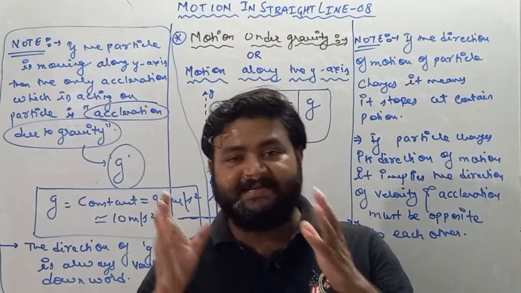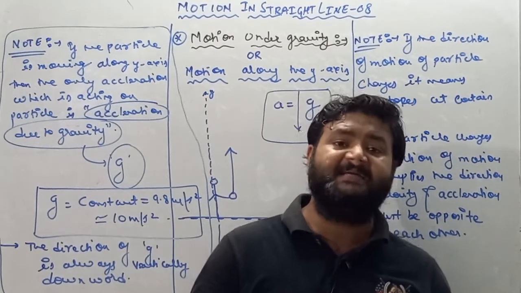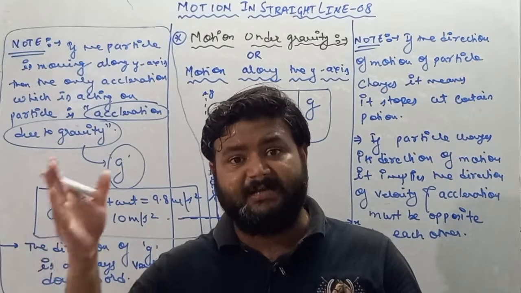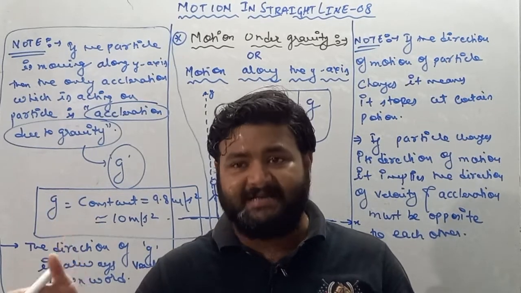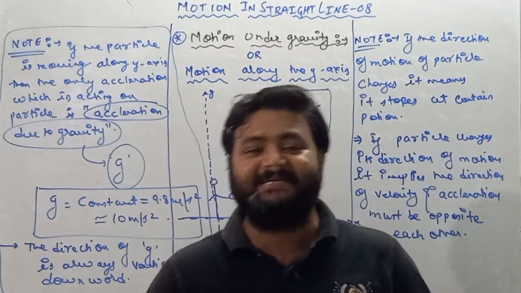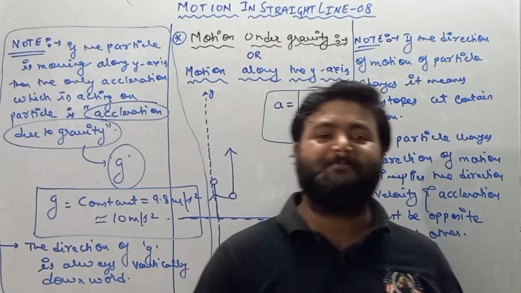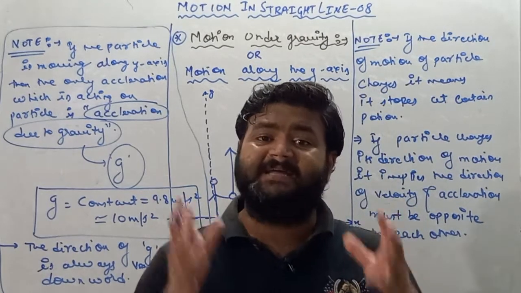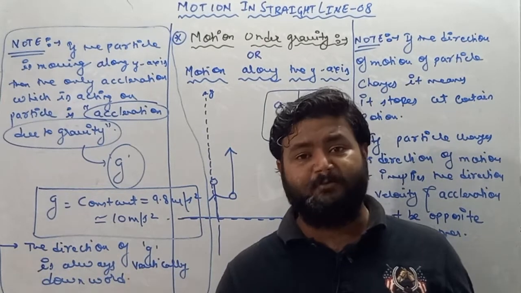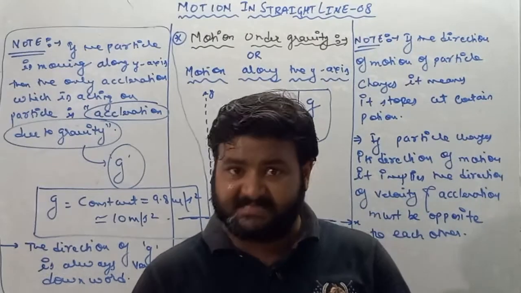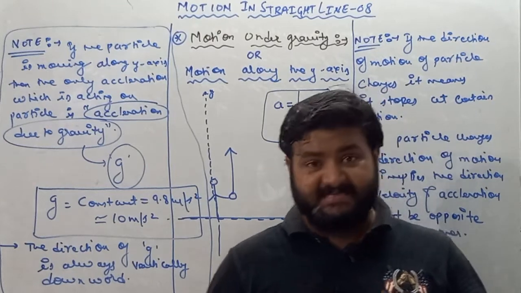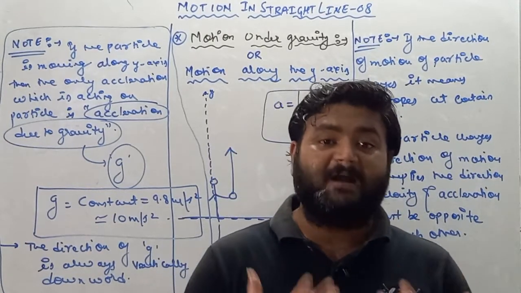Second thing, if a particle is changing its direction of motion, at a certain point it must come to rest, and if it is coming to rest, it implies the direction of velocity and acceleration acting on the particle is in opposite directions. Without velocity and acceleration being opposite, nothing will stop, because if they are in the same direction, then the speed of the particle increases.